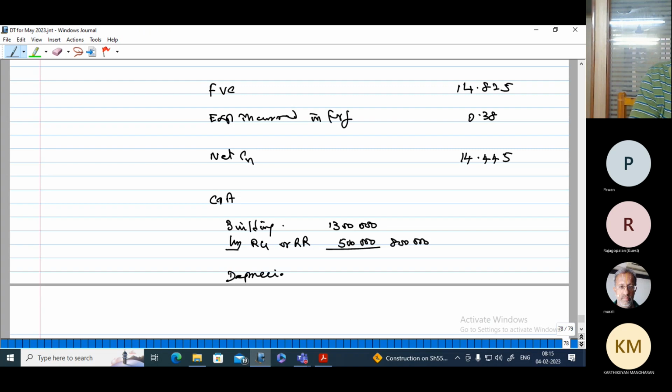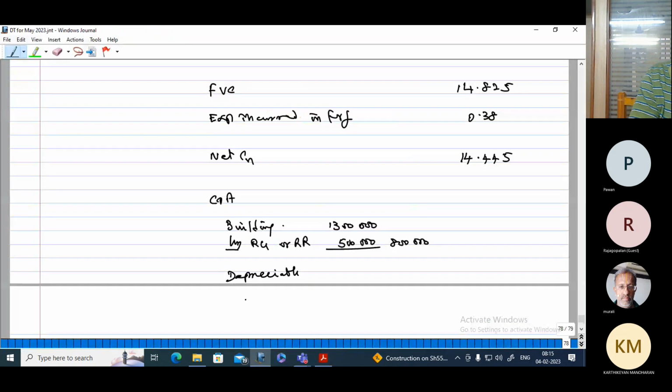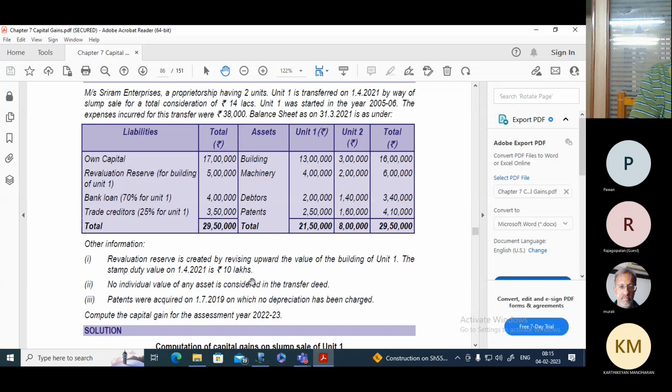Depreciable machinery, 4 lakhs. What is the WDV?